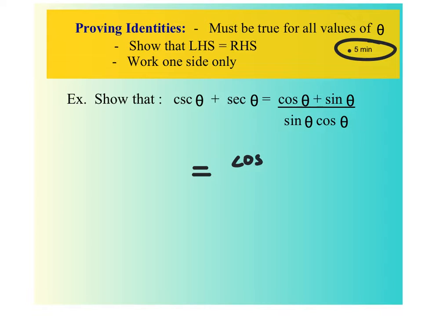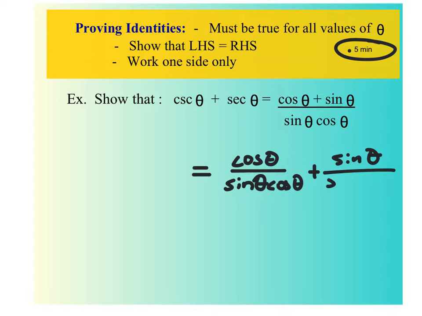But I would split this up into cosine theta over sine theta cosine theta plus sine theta over sine theta cosine theta. Alright, and what you'll get is some cancellation. So up here I'll get a 1. Up here I'll get a 1.